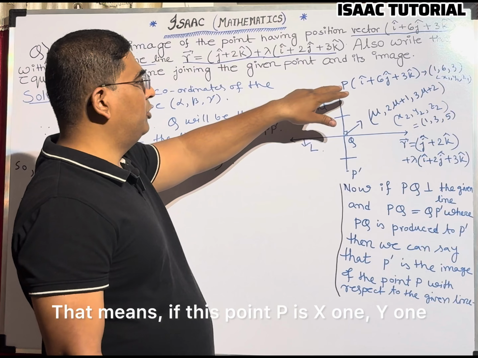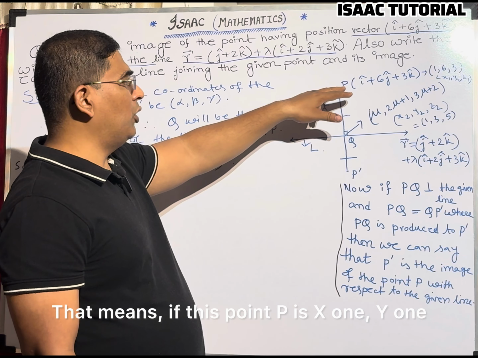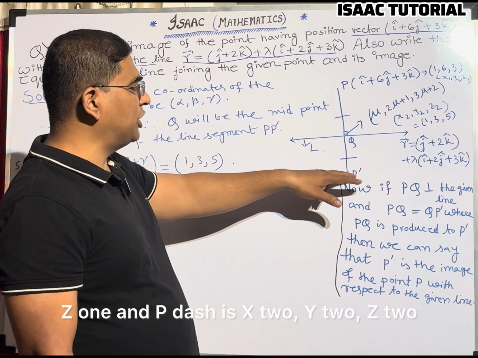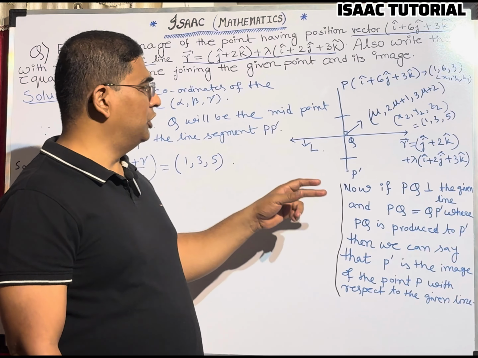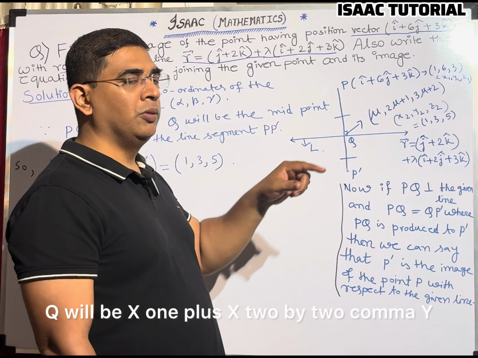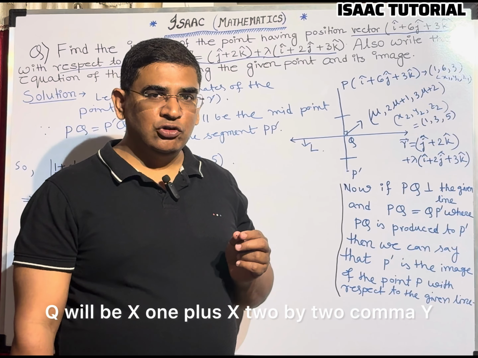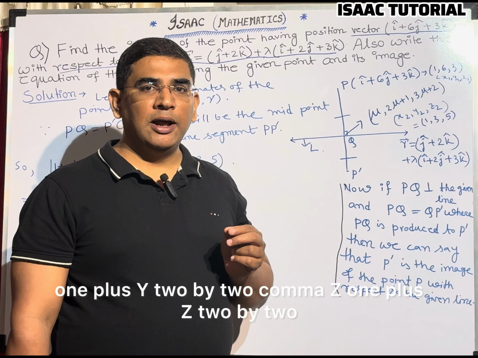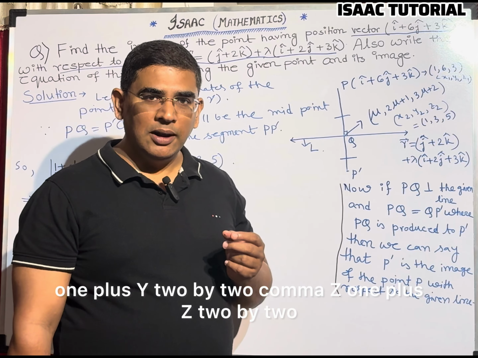That means if this point P is x1, y1, z1 and P dash is x2, y2, z2, then the coordinates of the midpoint Q will be x1 plus x2 by 2, comma y1 plus y2 by 2, comma z1 plus z2 by 2.